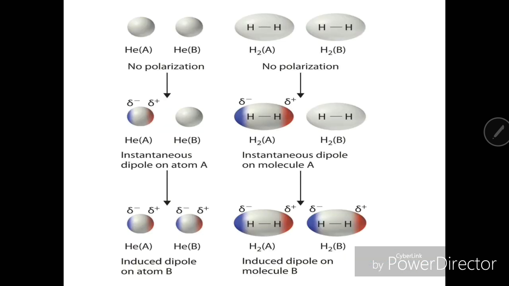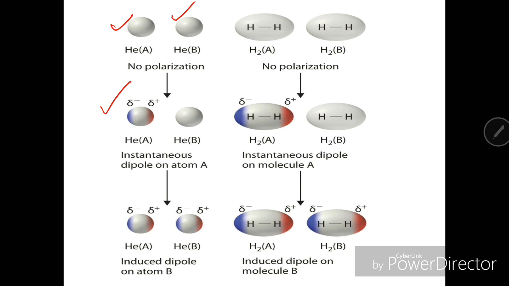I have shown here two atoms of helium which are non-polar initially because they have symmetrically distributed electron cloud around their nucleus, but for a short span of time one of the atoms changed to an instantaneous dipole because of the movement of its electron at one side of the atom. So positive and negative ends are formed.